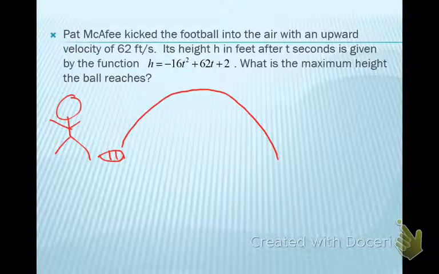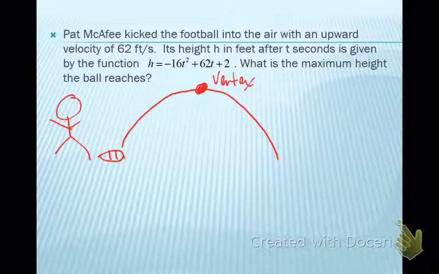So for this parabola opening down, there will be a maximum value. There's going to be a highest point, which is going to be this point right here, which for a parabola happens to be the vertex. Okay? So we need to find the values of that vertex, the x and the y coordinate.